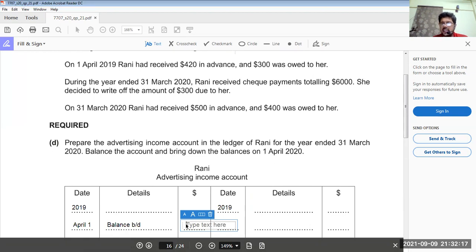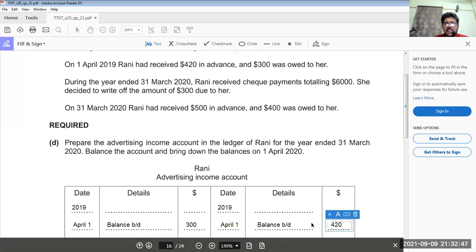Due. If income is due, is receivable, it is on the debit side. It's an asset account. If income is received in advance, it is your prepaid income or it is a liability. So balance b/d would be here, $420 as received in advance.